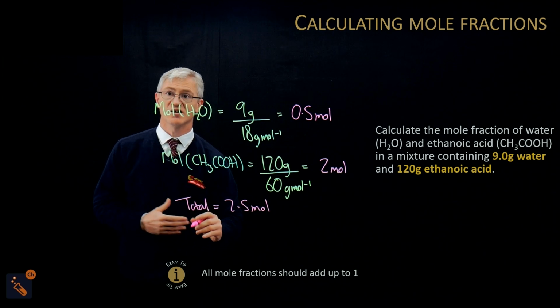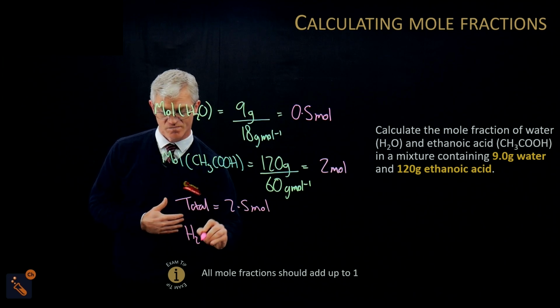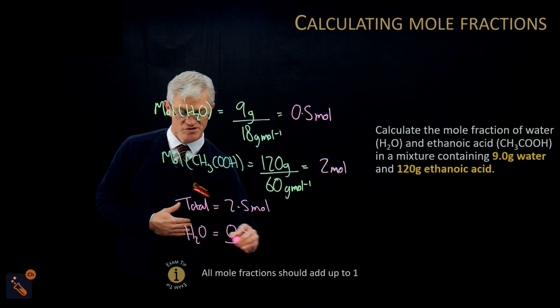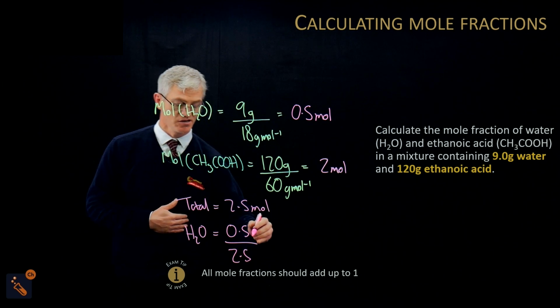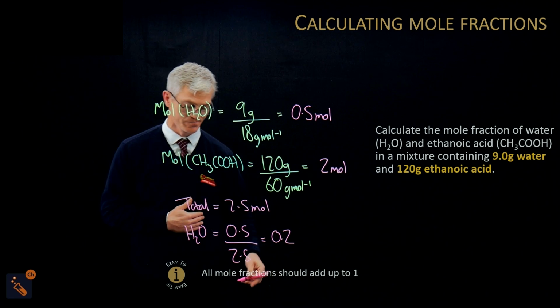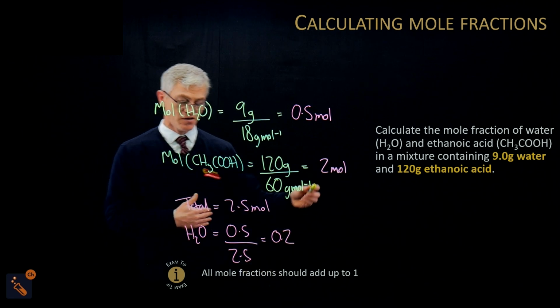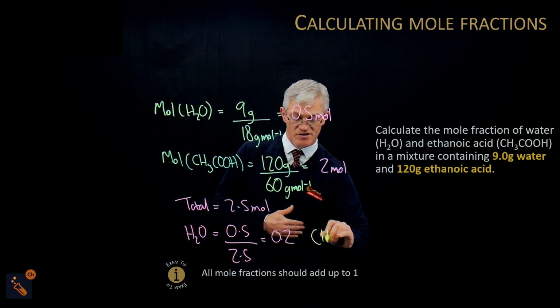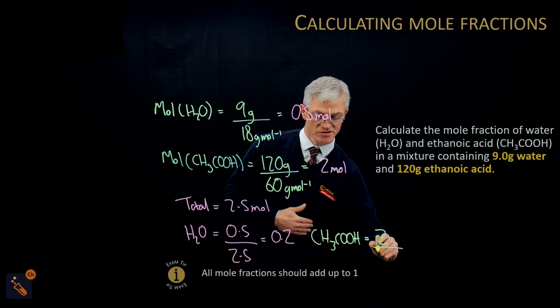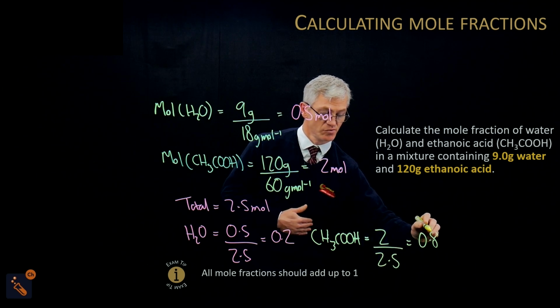So for our water, it's 0.5 moles divided by the total, which is 2.5, which equals 0.2. We then go for our acid, which is 2 divided by 2.5, which is equal to 0.8.